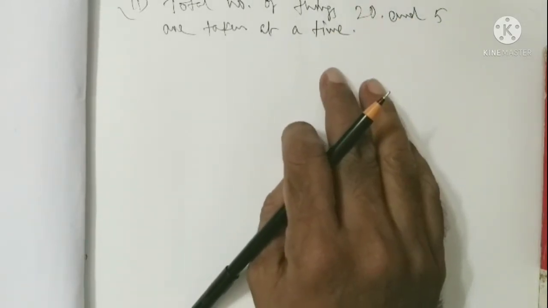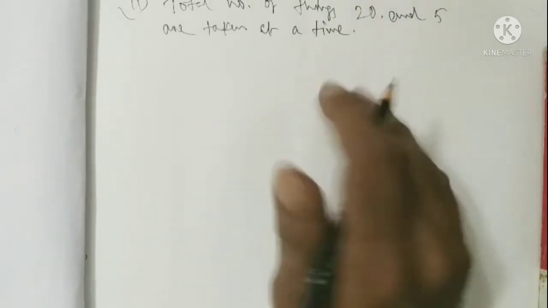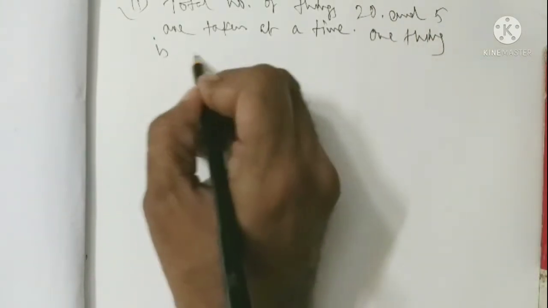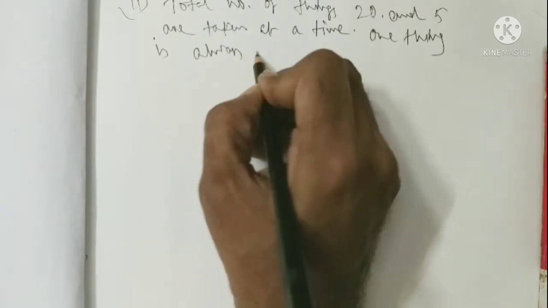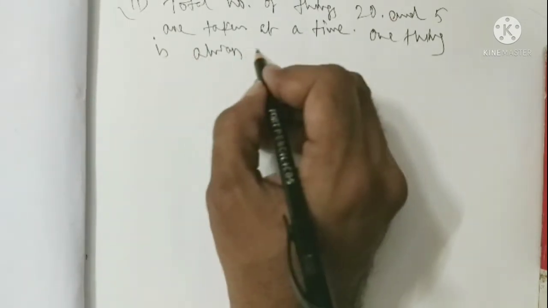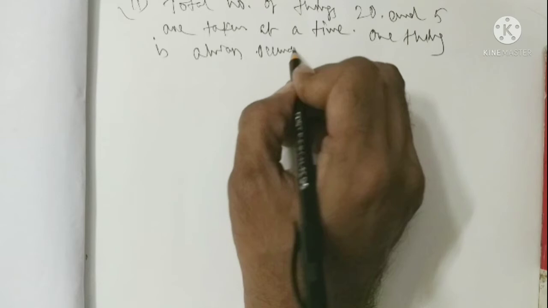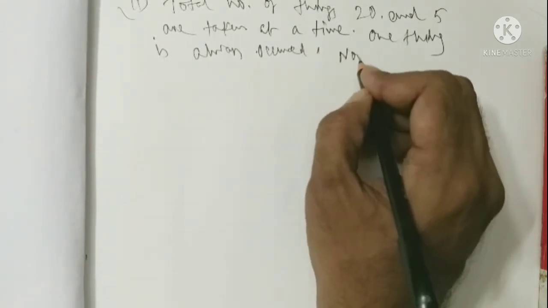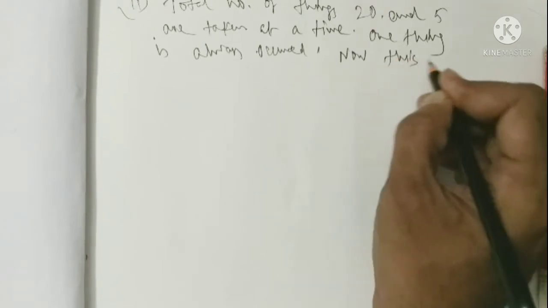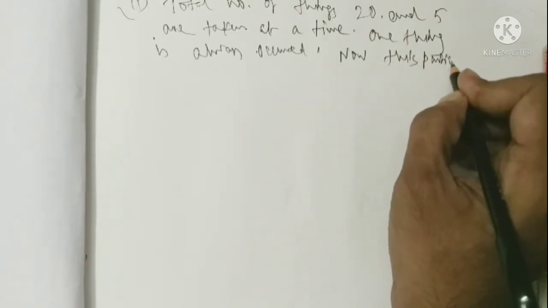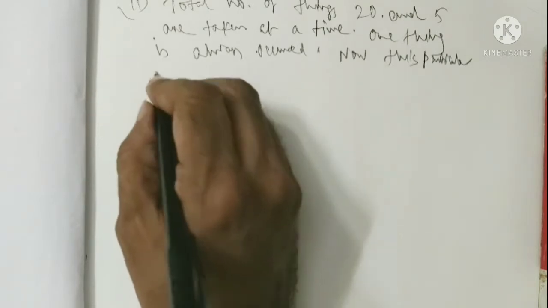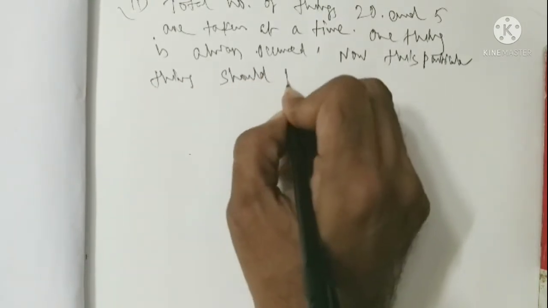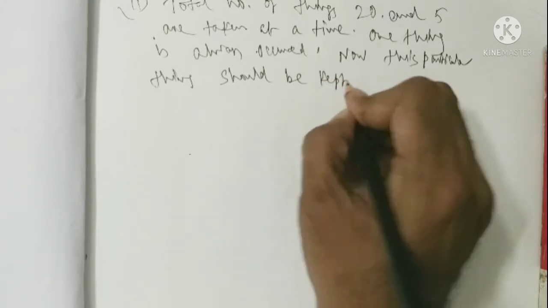But the restriction is that one thing is always occurred. Now this particular thing should be kept aside.